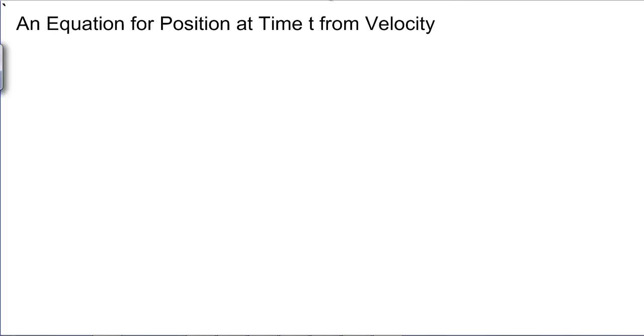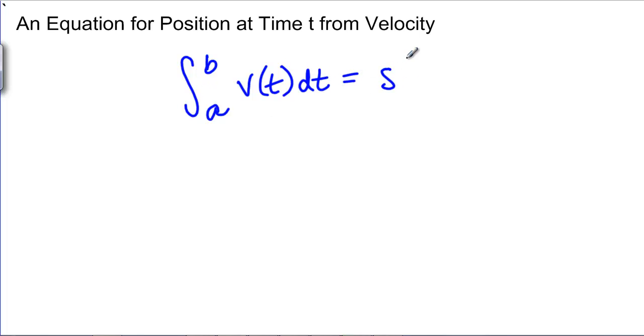Well, we can actually figure this out using the fundamental theorem of calculus. If we integrate from a to b of the velocity function, we get the displacement between a and b, s(b) minus s(a).